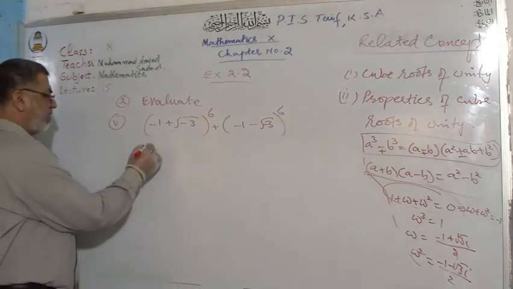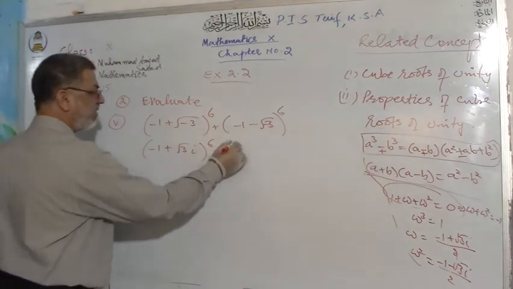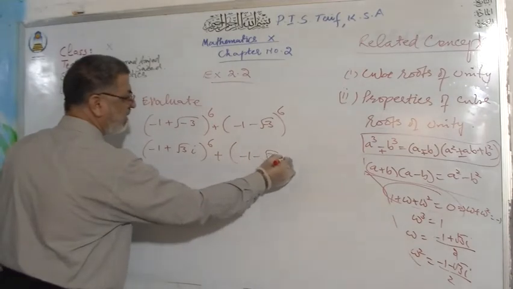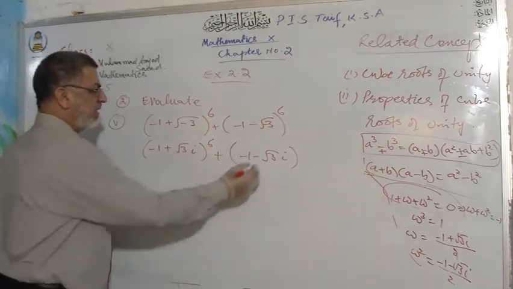Dear students, you can check, it can be written as minus 1 plus 3 under root iota power 6, and minus 1 minus 3 under root iota. Remember that minus 1 under root is iota.